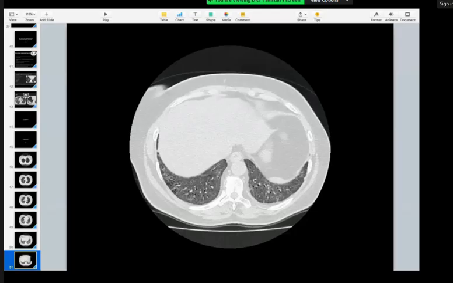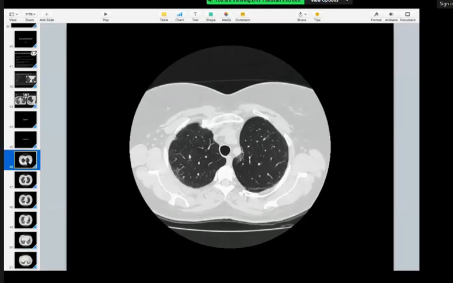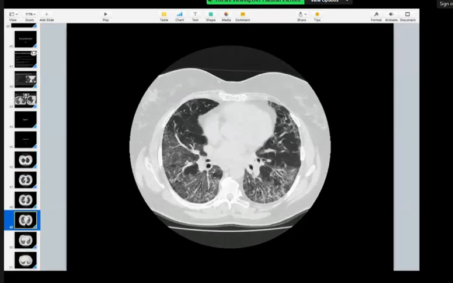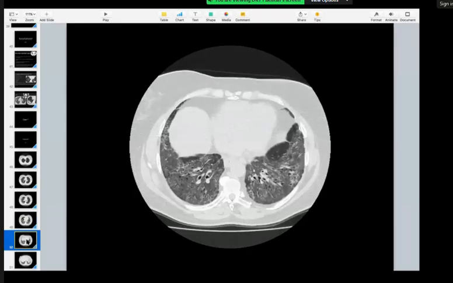Okay, so there's an almost symmetrical bilateral ground glass appearance with more affected changes in the lung bases, with relative sparing of the lung apices, as well as some increased reticular markings, and possibly some mild dilatation of the bronchi, some tractional dilatation of the airways.